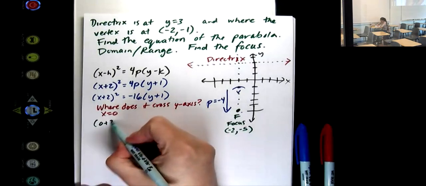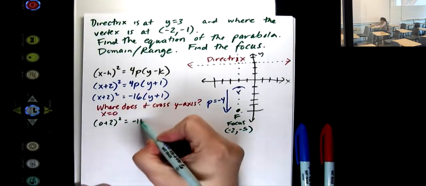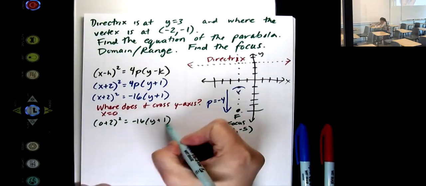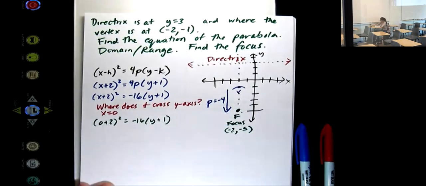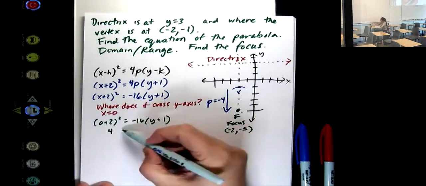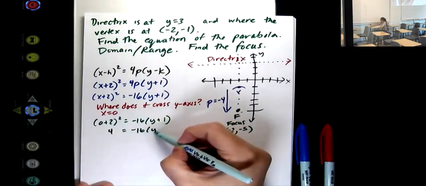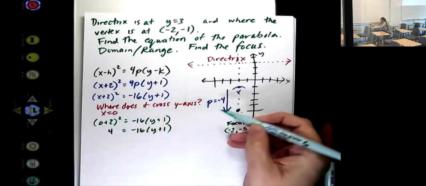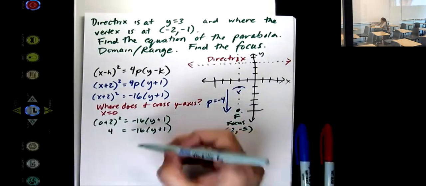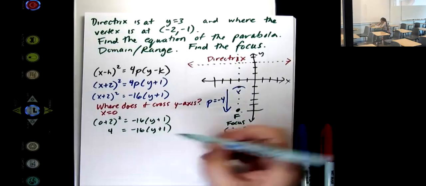0 plus 2 squared equals negative 16 times y plus 1. So that's 4. I am not going to distribute the negative 16. I'm just going to divide by it.